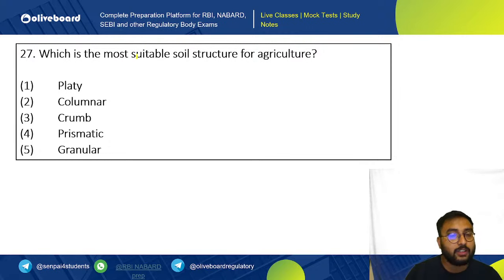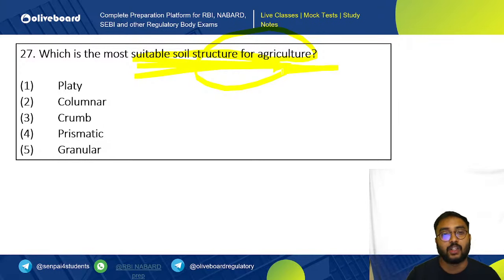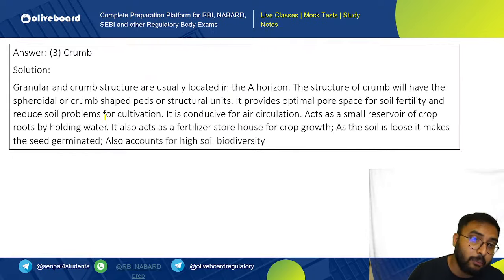Which of the following is the most suitable soil structure for agriculture? Platy, columnar, crumbly, prismatic and granular. The answer here is crumbly structure.